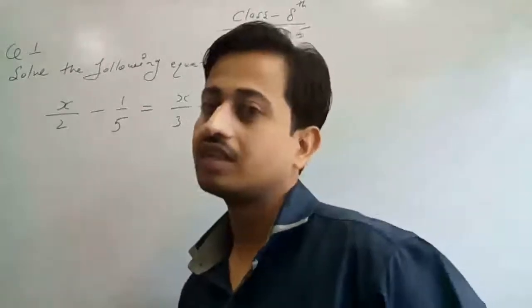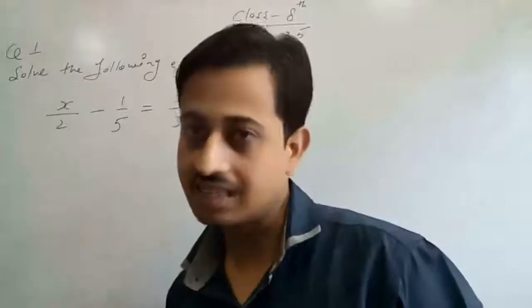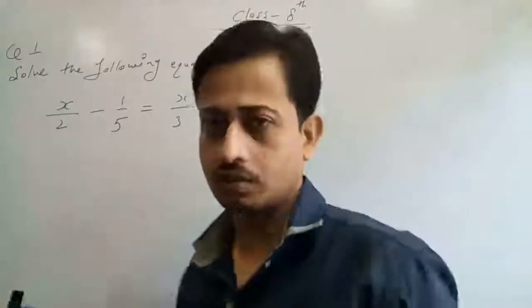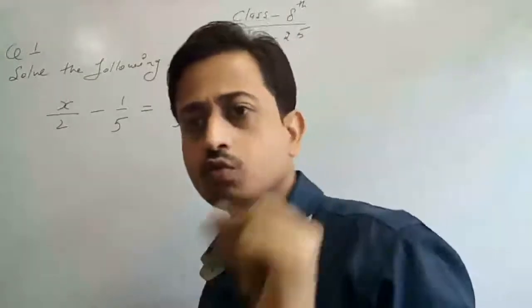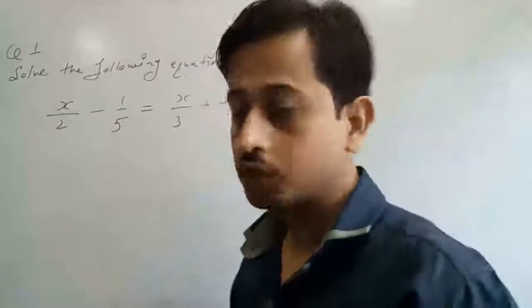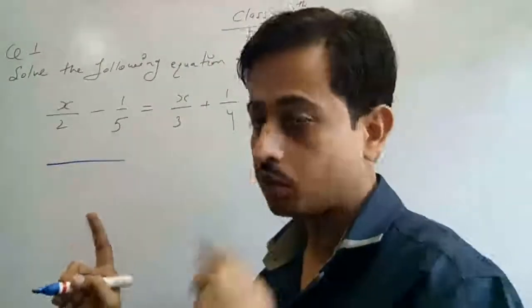And you know, if the terms are rational, then we have to take the LCM, and the LCM procedure is very simple. If you have two terms, how will we get the solution? Please look very carefully.